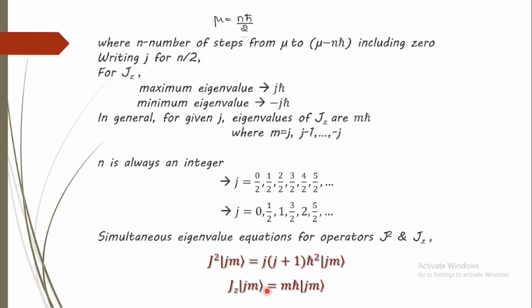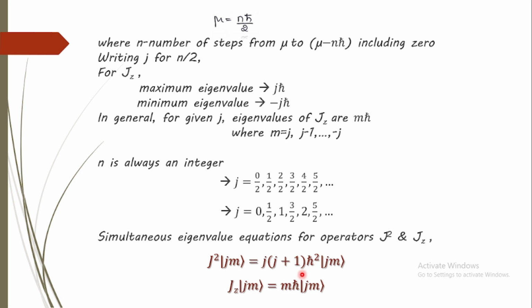But how you got in place of lambda this j into j plus 1 into h cross square might be the question. So if you remember, when doing the classes of hydrogen atom, we studied the particle in spherically symmetric potential, etc. There we have come across this value.